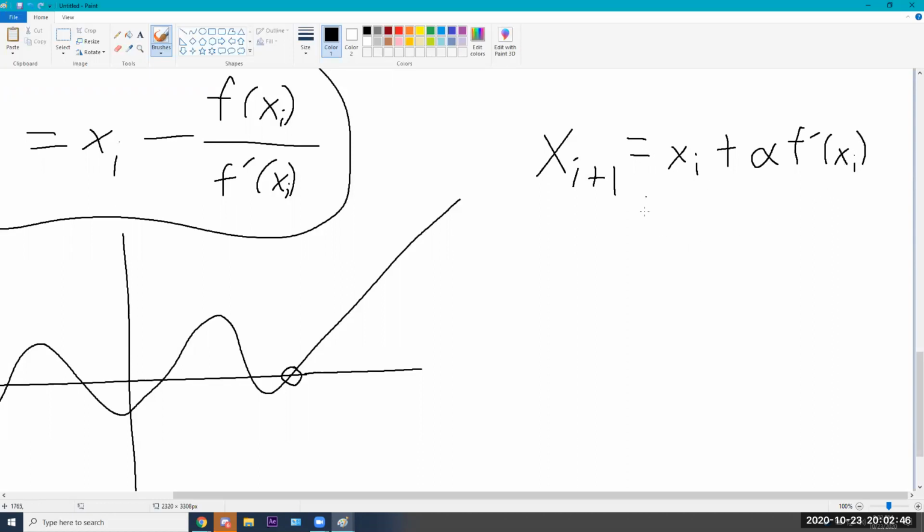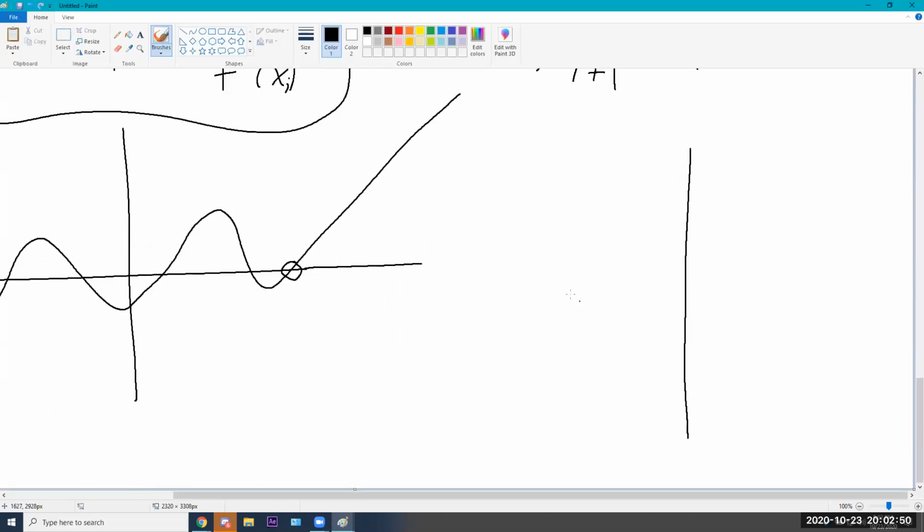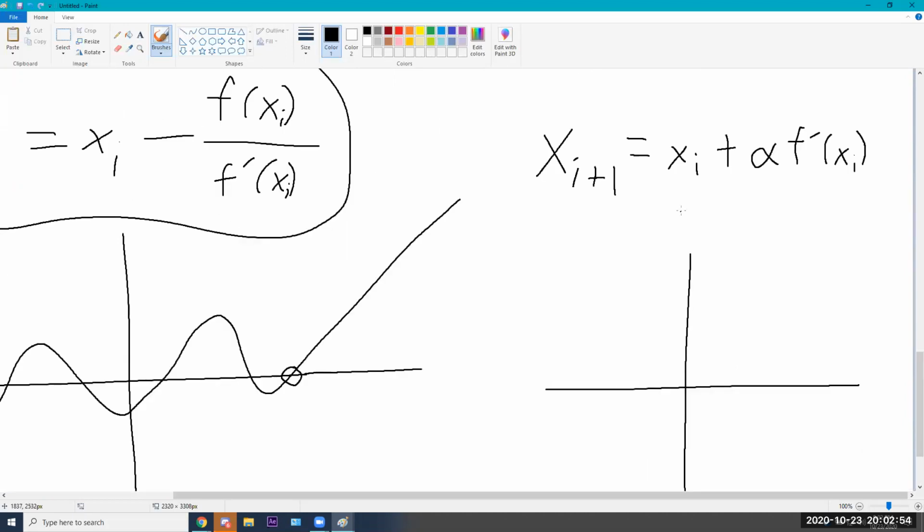The way this method works is that instead of finding a zero, it finds an extremum. Well, actually, not just any extremum. It depends on what you have for your alpha value here. Again, I'll go over this in more detail later, but for now I'll just give a quick overview, like I did with the Newton-Raphson method.